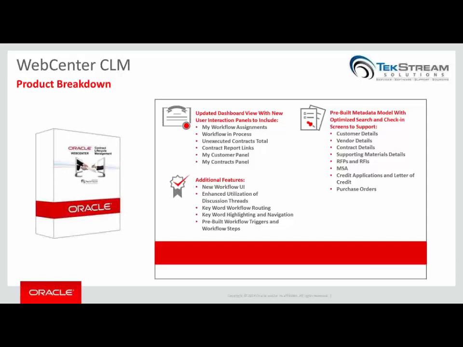And then lastly, additional features that we've added above and beyond the WebCenter utilities as part of CLM are a new workflow UI, enhanced uses of discussion threads for passing information back and forth and ensuring that that information is kept and maintained throughout the life of the contract, and being able to capture keywords within any type of document and route that to individuals based upon that information so that you can quickly and efficiently evaluate, are these words a risk for us?